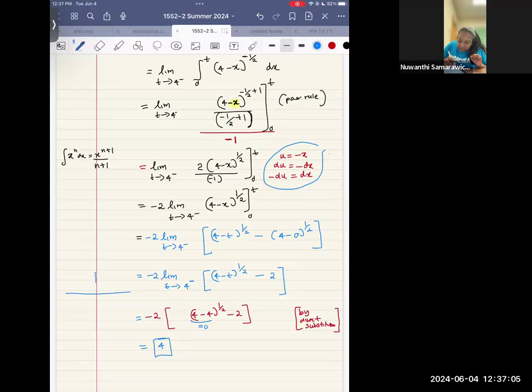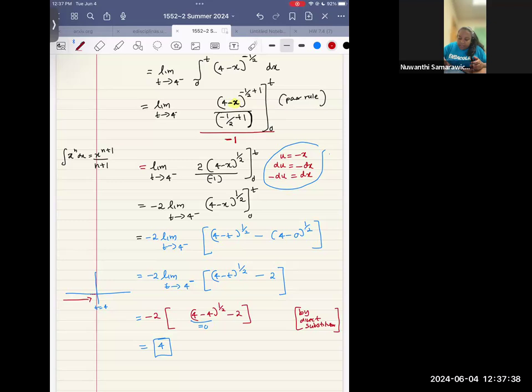So if you have t here, all the values are coming from the left-hand side. And remember, when numbers approach from right or left, you take numbers very close to t equal to 4.